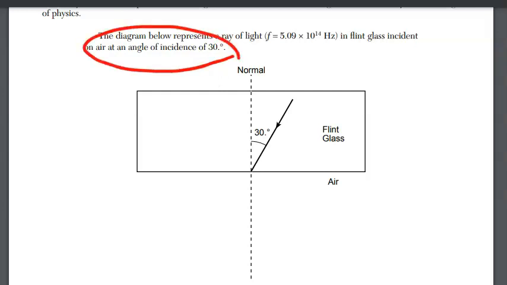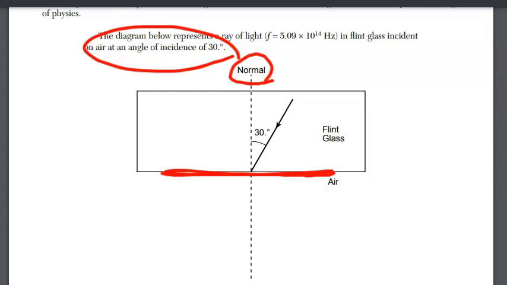Okay, so the angle of incidence is going to be equal to the angle of reflection. And everything is always measured from this normal line, which is the dotted line. You would draw it in if you need to, if it's not given to you. That normal line is going to be perpendicular to the different types of medium.